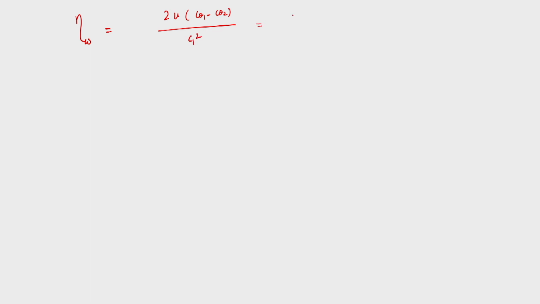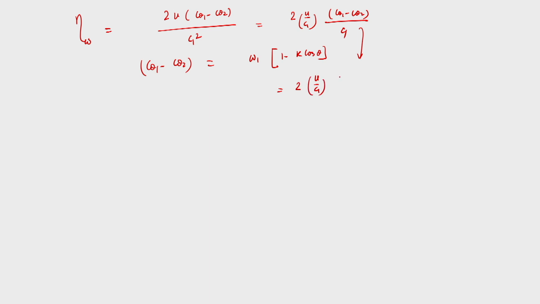Rearranging, that is twice u by c1 into (c theta 2 minus c theta 1) from the inlet and outlet velocity triangles, or I can write twice u by c1 into w1 by c1 into (1 minus k cos theta), since c theta 1 minus c theta 2 is equal to w1 into (1 minus k cos theta), as we have obtained.